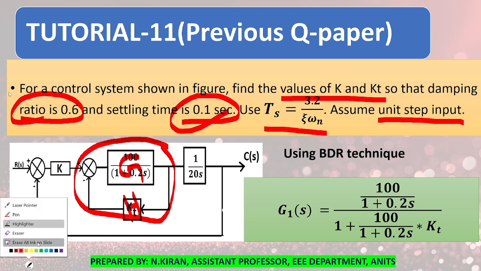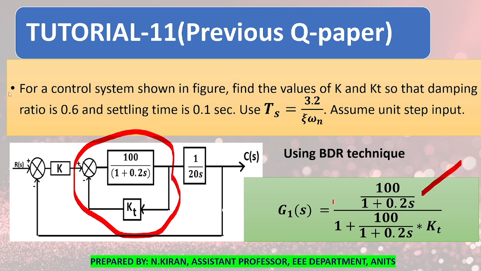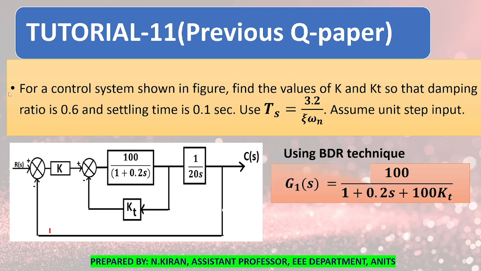Here in place of G I have 100 by 1 plus 0.2 S, and in place of H I have Kt. I call that G1 of S. Upon taking LCM and simplifying, that gives me the expression of G1 of S as 100 by 1 plus 0.2 S plus 100 Kt.